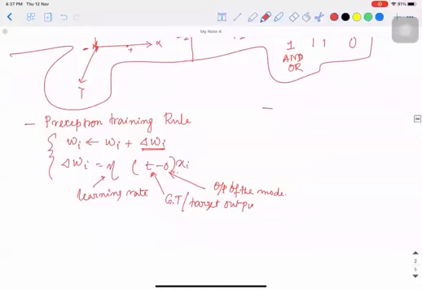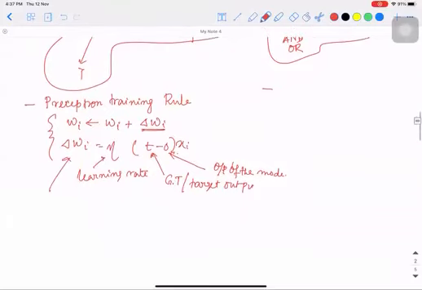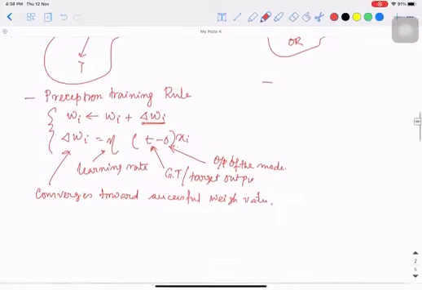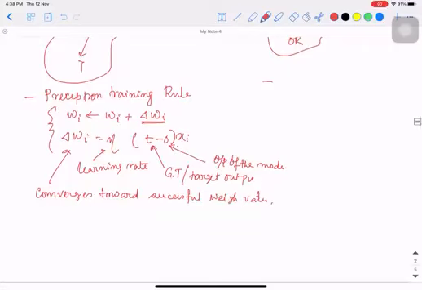What is the guarantee that this update rule converges towards successful weight values? You can intuitively think of it this way.